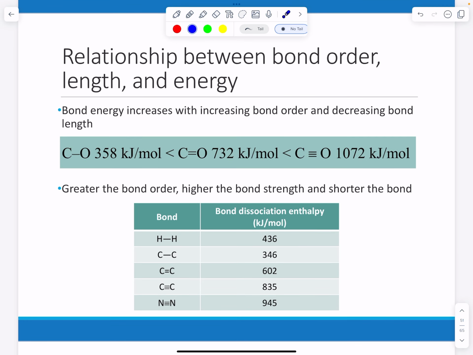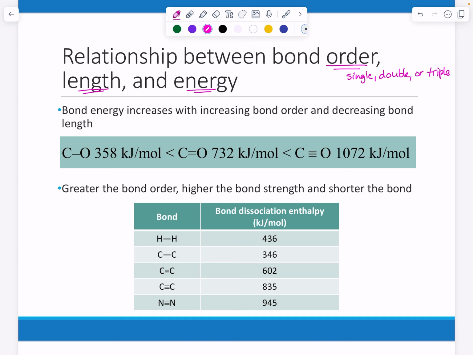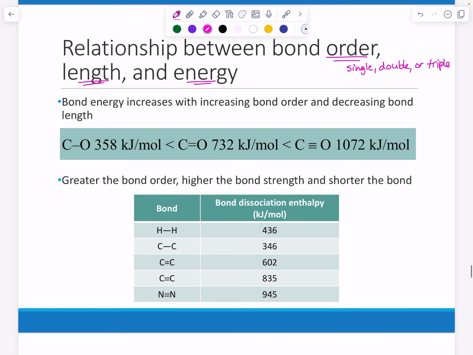All right. So bond order. Remember that this means single, double, or triple. Length and energy. We've talked about how bond energy and bond length on the previous slide are related. And all of those, again, are related to bond order.